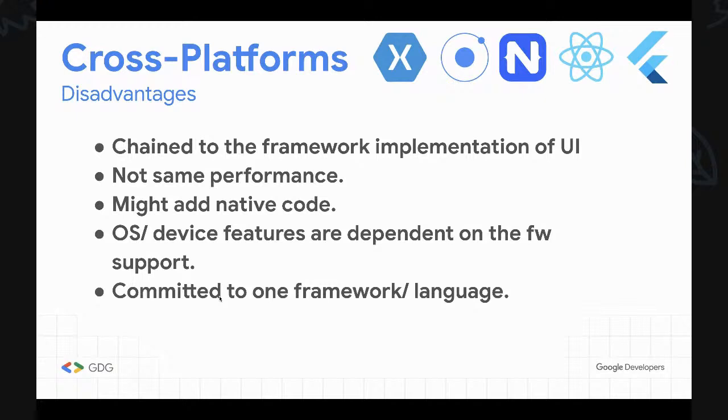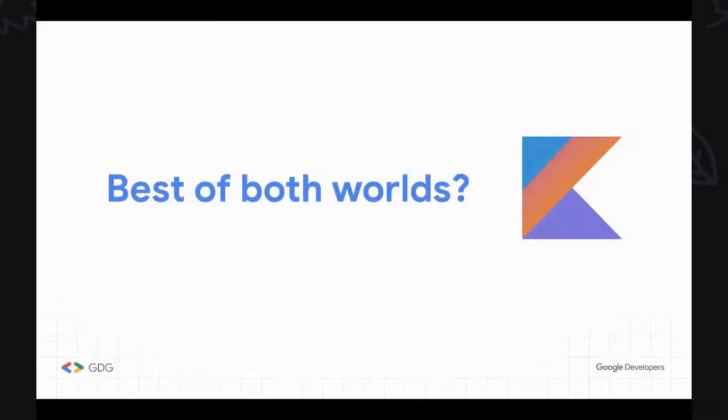And these cross-platforms are also committed to one framework and language. So I think they are really limited. So how can we have the best of both worlds? Of course, by using Kotlin Multiplatform, which is our main subject today.